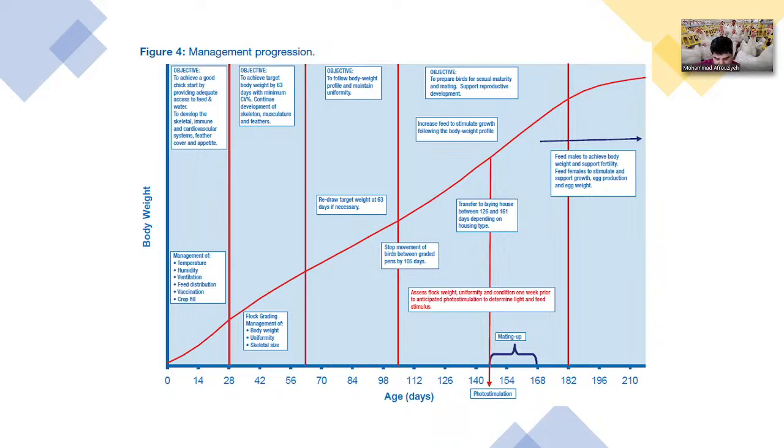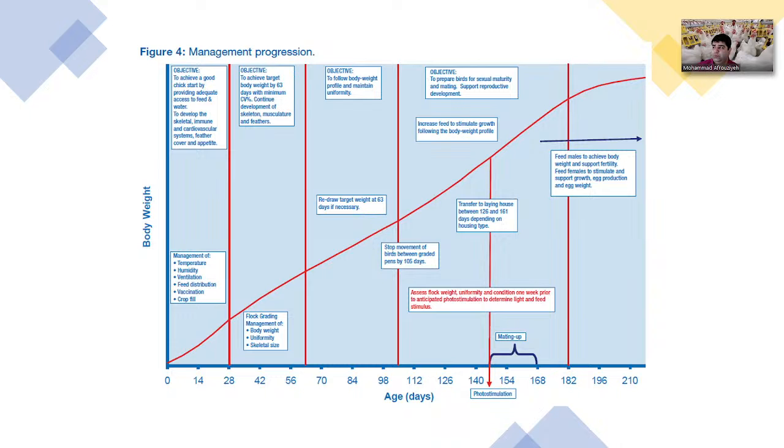So I've got another question: how can we correct the feeds in case the pullets do not have enough feather covers? If the birds do not have enough feather covers, usually it's related to dietary protein and amino acids, specifically sulfur amino acids.